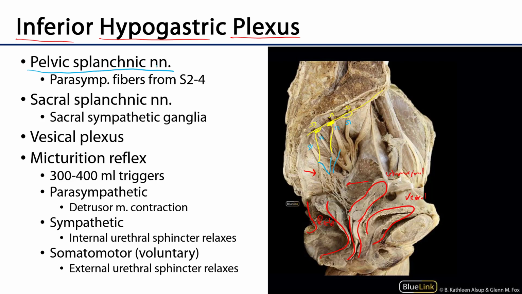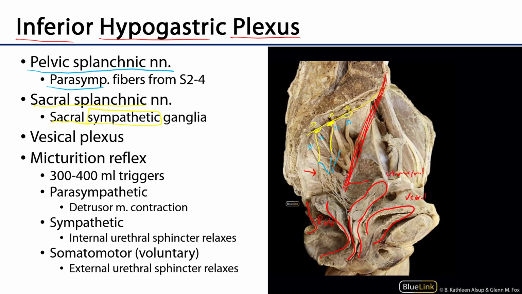So pelvic splanchnic nerves are parasympathetic. Sacral splanchnic nerves are sympathetic. So that works out well. So the plexus is mixed. So that inferior hypogastric plexus is mixed. And it also has some fibers descending down from the superior hypogastric plexus, which aren't shown here, via these hypogastric nerves. So there's a lot going on here.